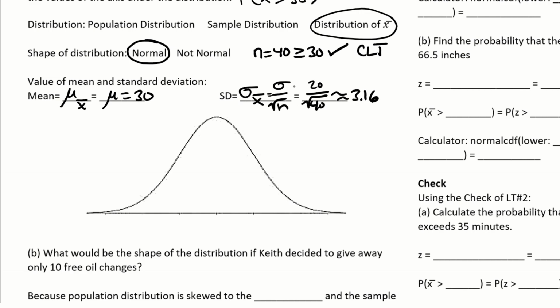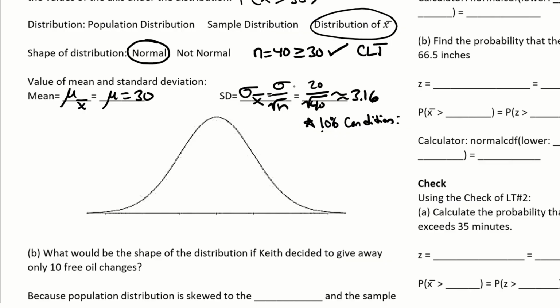We're also going to verify the 10% condition. Remember, we can use this formula as long as the 10% condition holds true. If the 10% condition does not hold true, then sigma x bar would actually be less than what is calculated here.